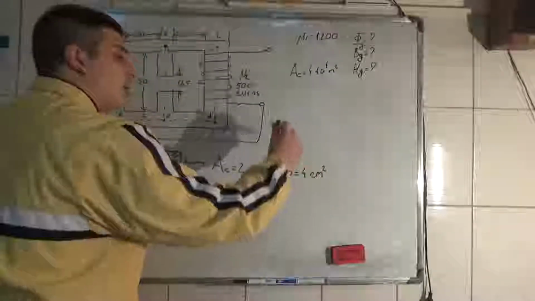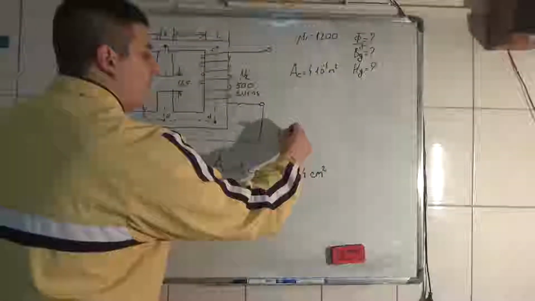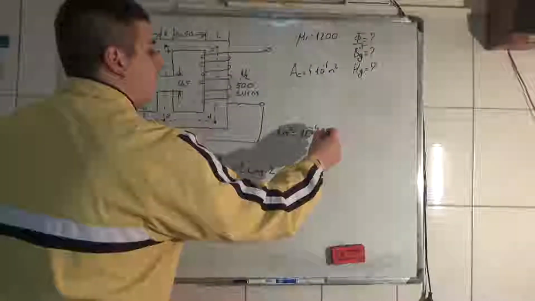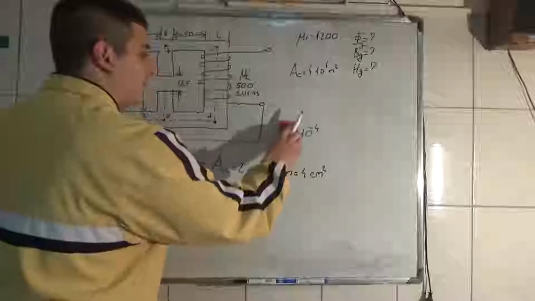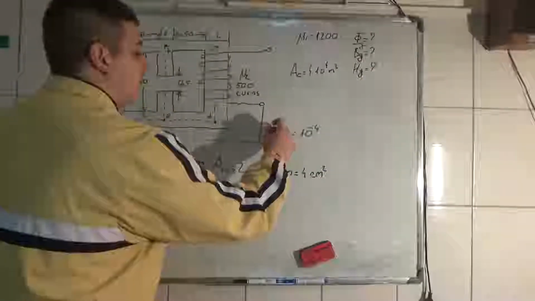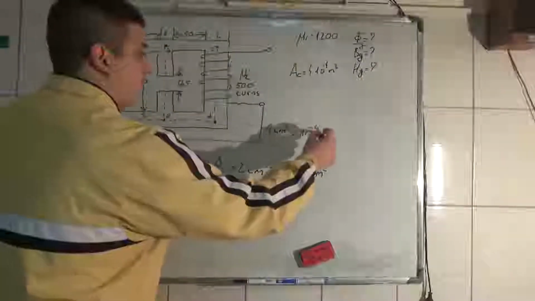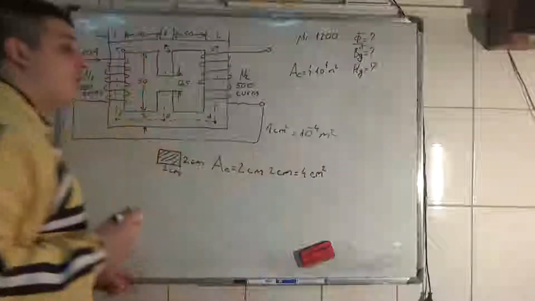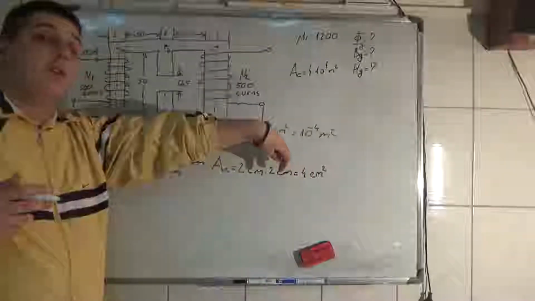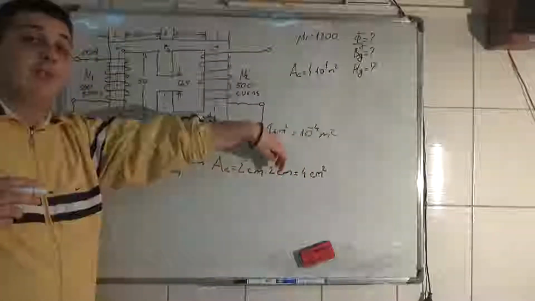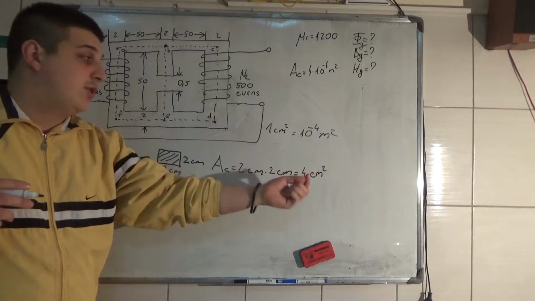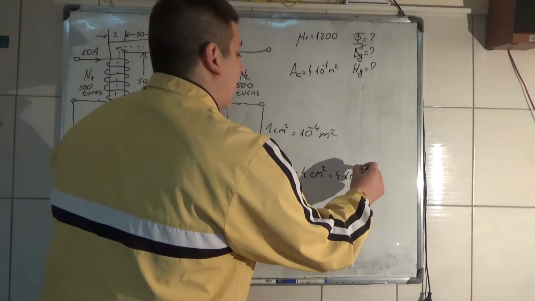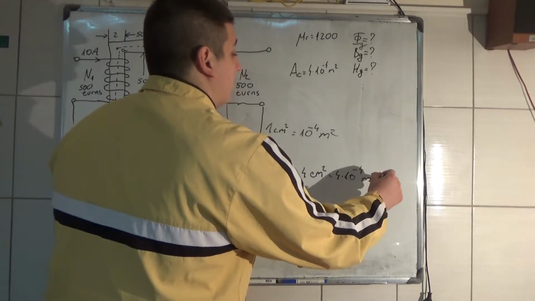But 1 centimeter squared is equal to 10 to the minus 4 meters squared. So when you transform centimeters squared into meters squared, you just have to put 4 times 10 to the minus 4 meters squared.